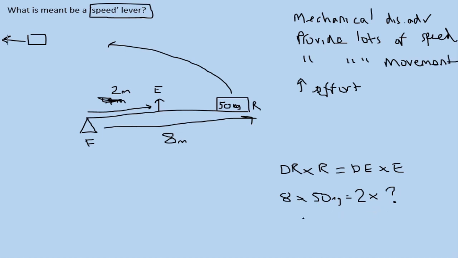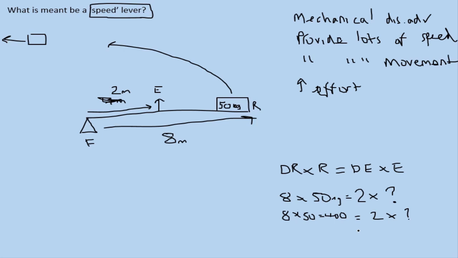So let's go through the maths. 8 times 50 is, I hear you shouting me, yep, that's right, 400. Well done. 400 is equal to 2 times question mark.